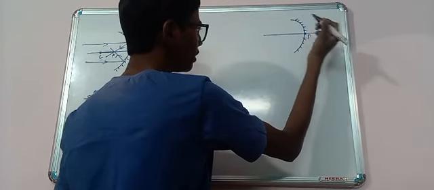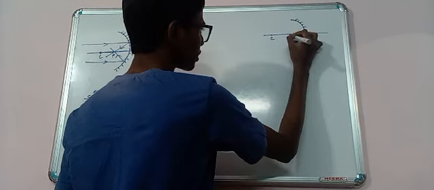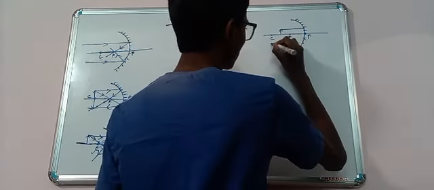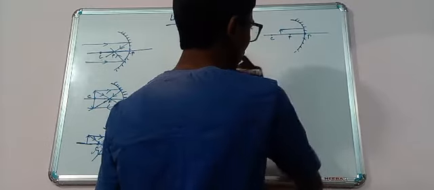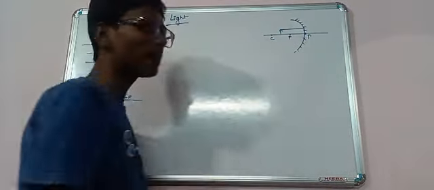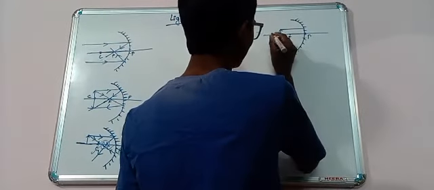This was your pole, center of curvature, focus. So here basically one ray is parallel to the principal axis, another is passing through your focus. That concept only we are going to apply.